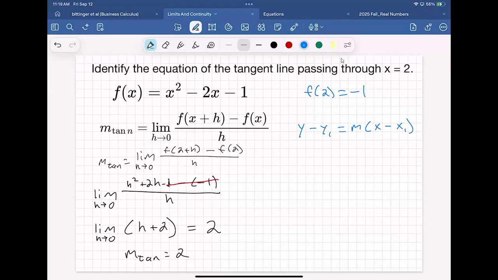So we could then plug these values in: y minus -1 equals 2 times x minus 2.